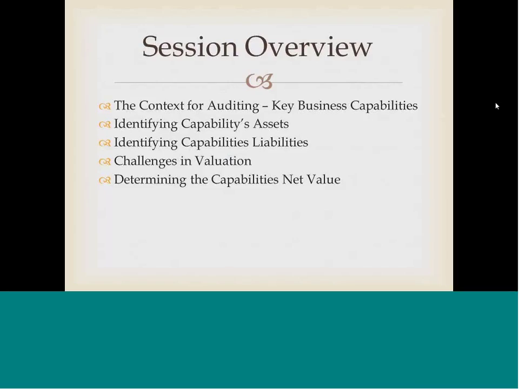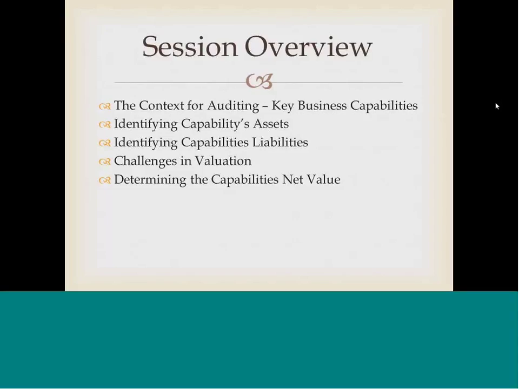So in this session, we're going to address the context for auditing in terms of what we call key business capabilities. We're going to identify the assets, the intellectual capital assets, or the knowledge assets for some of those key capabilities. We'll also take a look at what the liabilities might be for some of those assets.